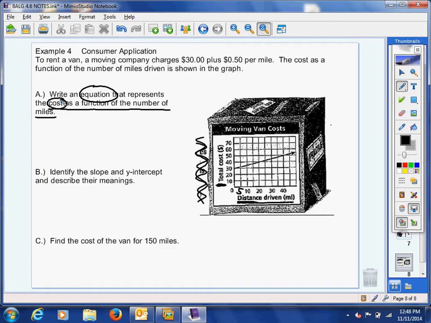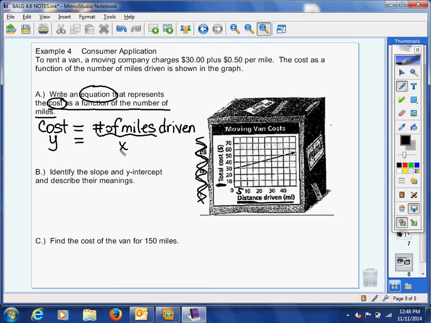So right away, we know that the number of miles driven is going to be an affecting force. That's going to be a pretty important part. So cost is going to be our dependent variable, and number of miles is going to be our independent variable.